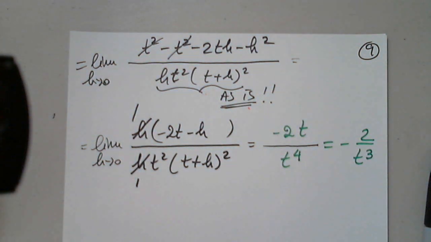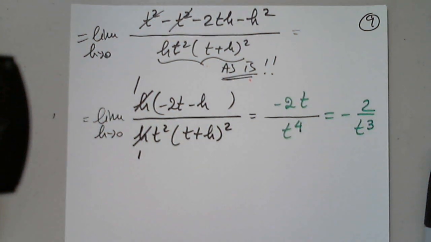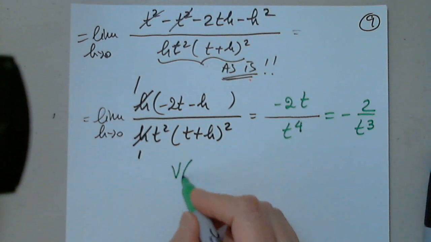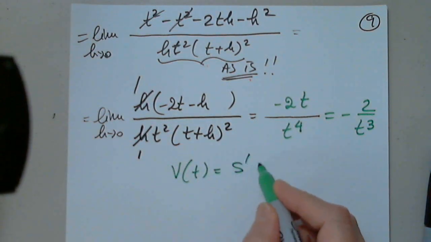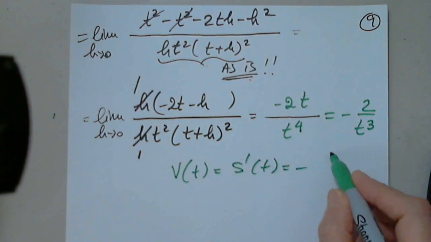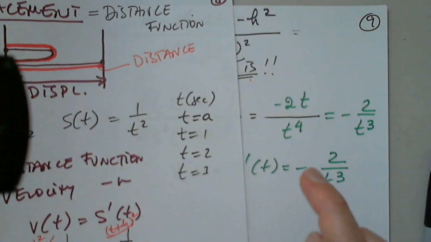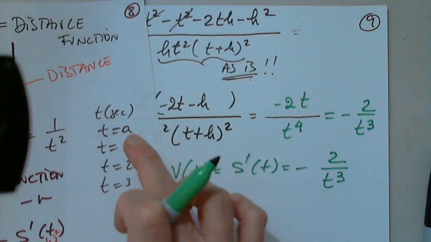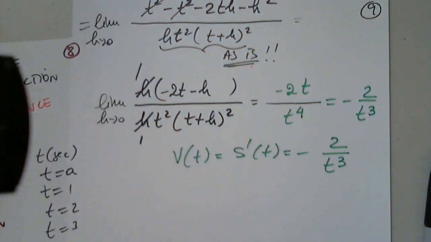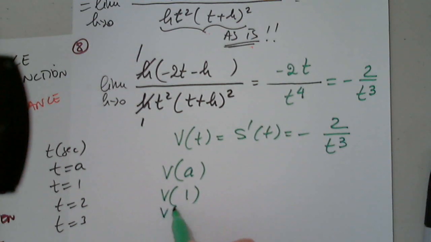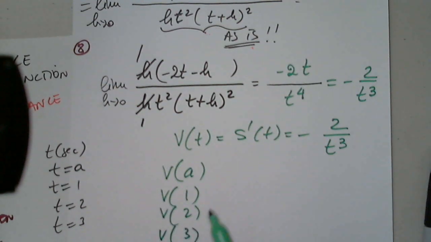Perfect. We are asked to find the velocity, which is this. So v of t equals s prime of t equals -2 over t to the third. They're asking us to evaluate the velocity at a, 1, 2, and 3.